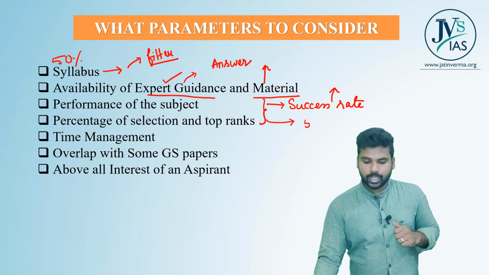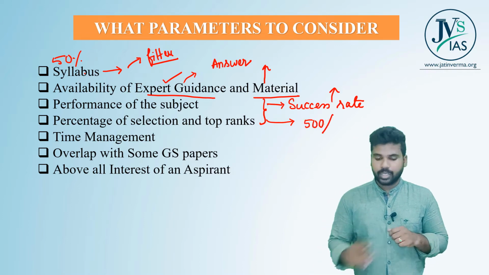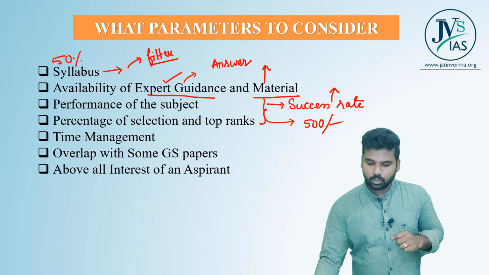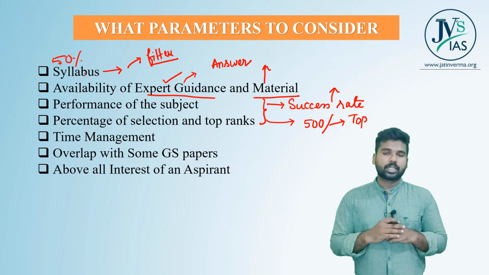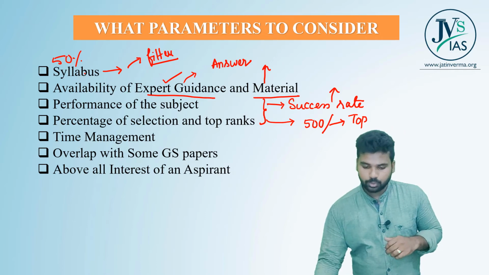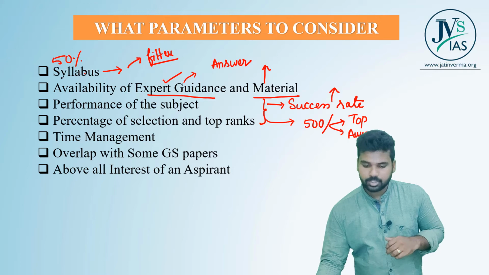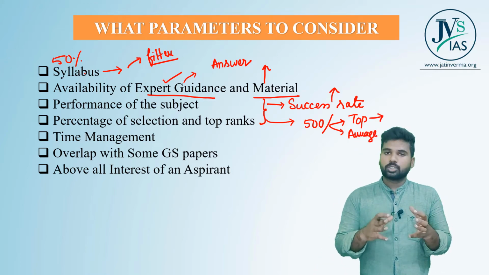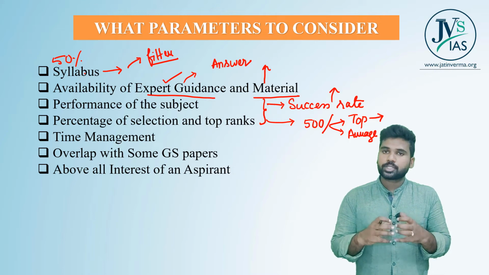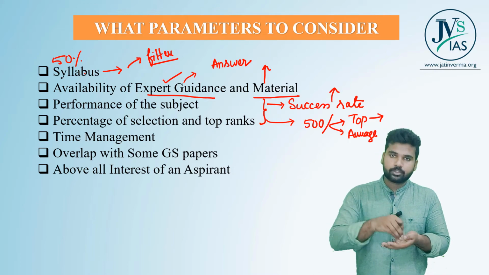Then the second thing that you have to look at is the number of marks. Like out of 500 marks, there are two things again here: you have to look at the top marks, like what is the top score in that particular optional, and then the average marks. Top marks reveal how good you can score in the subject if you put in efforts.